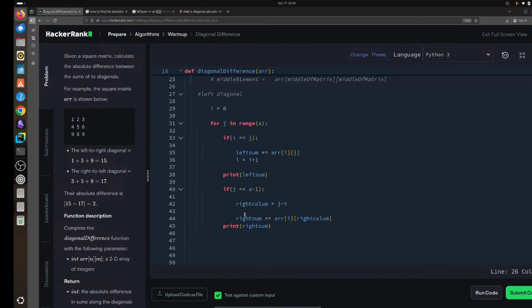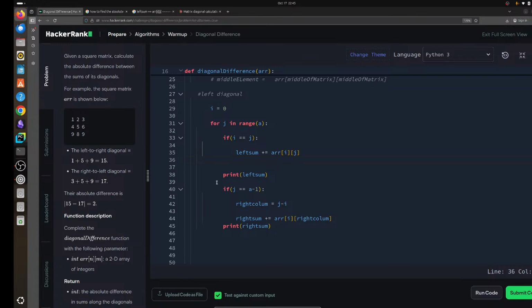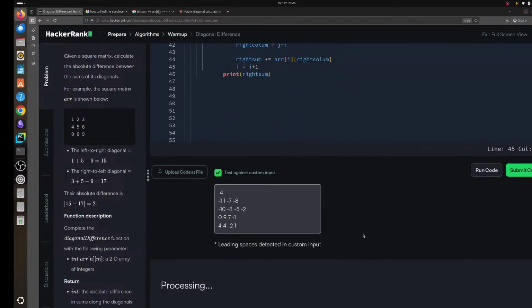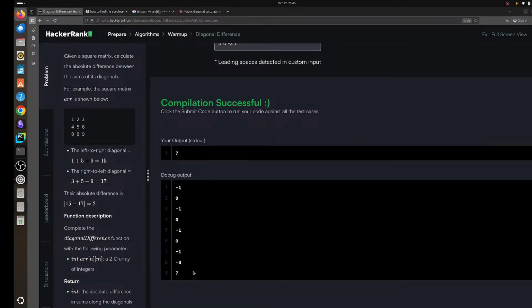I will not increase here. Sorry, I will not increase here. I will be increasing after all this. Yes, when J reaches last, then only I will increase. I will increase here. Let's consider here. Run code now. Output 7, expected -10.